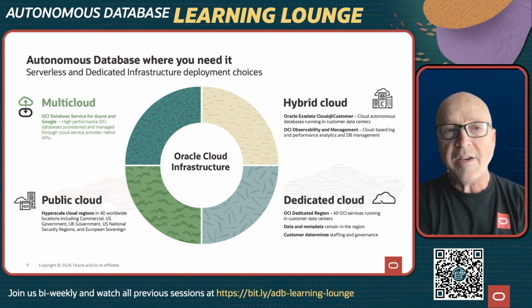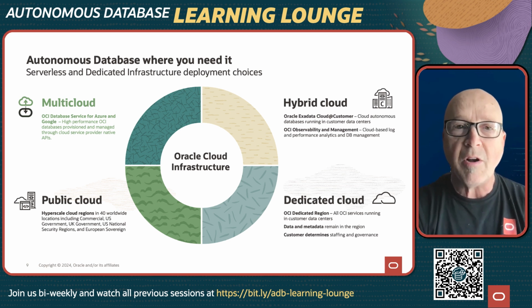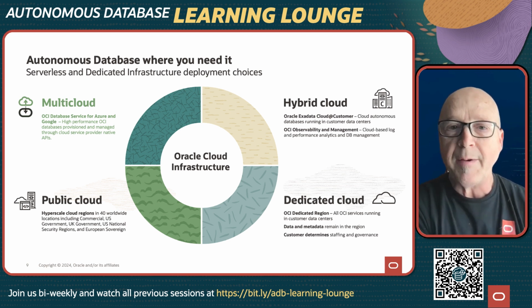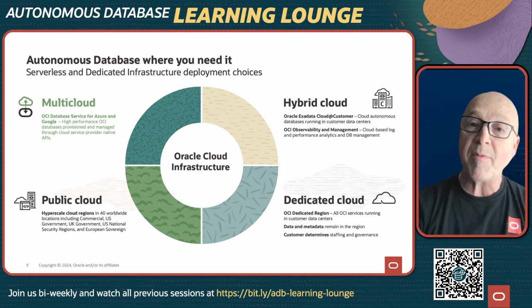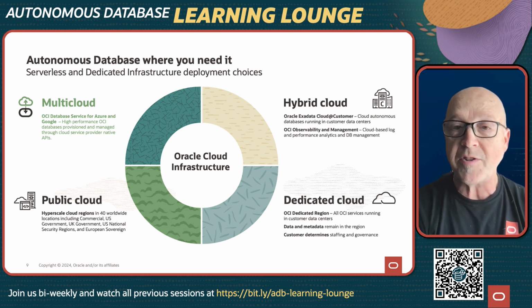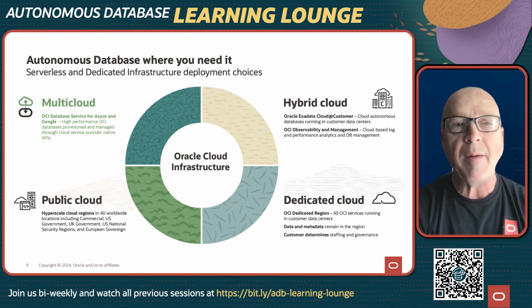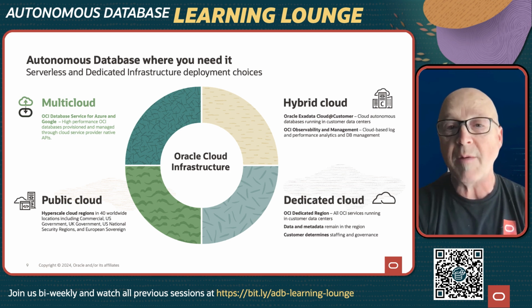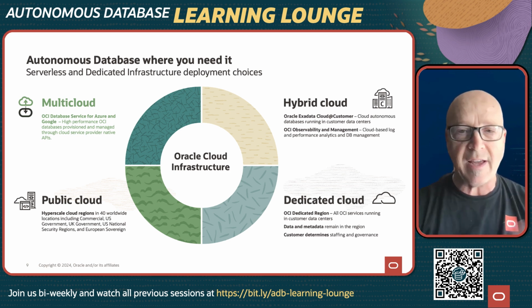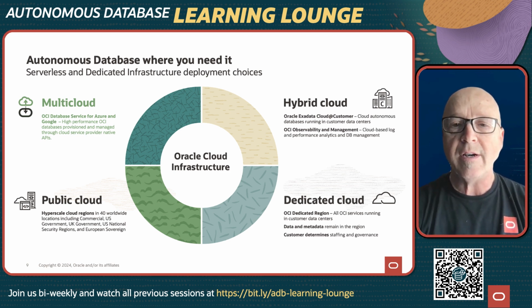Although as you know, you can also get the Autonomous Database in cloud at customer formats in your own data centers that can work in a hybrid way with these public cloud offerings and other cloud providers, as well as dedicated regions that we offer in the Oracle Cloud portfolio these days.